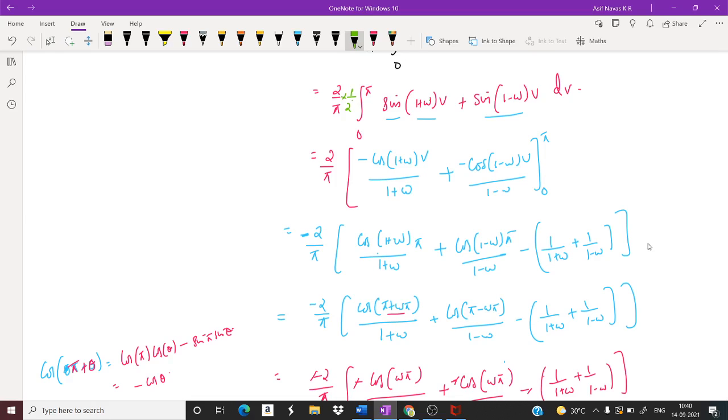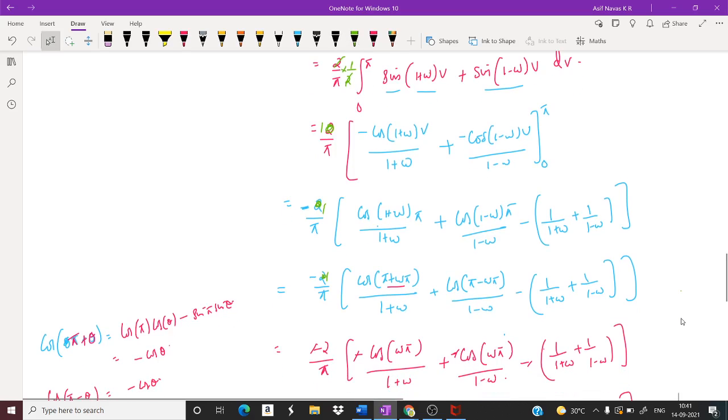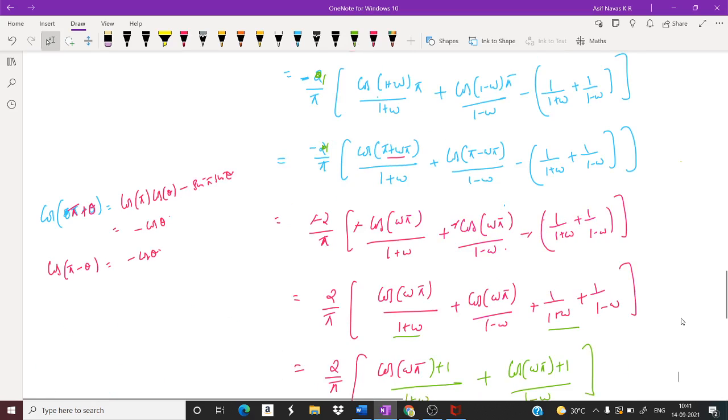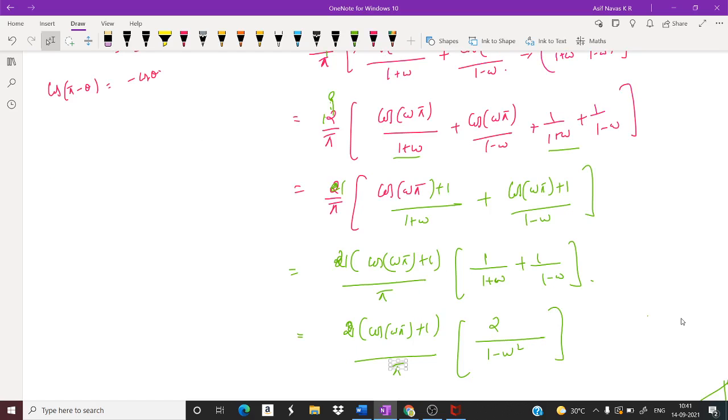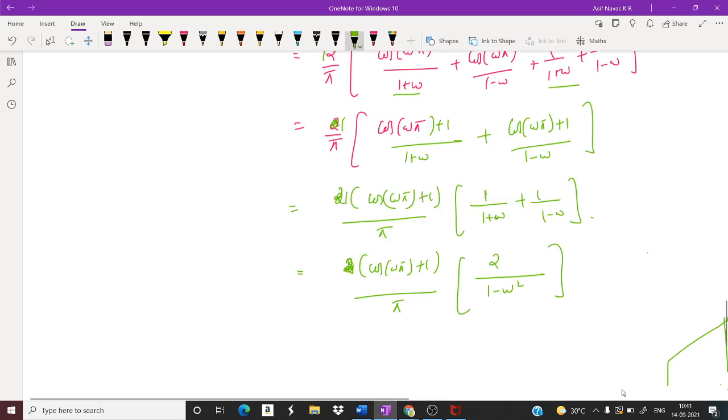So that's why this and this get cancelled, and this 1 by 2 and that 2 get cancelled. So there is only 1. So this is 1, right?